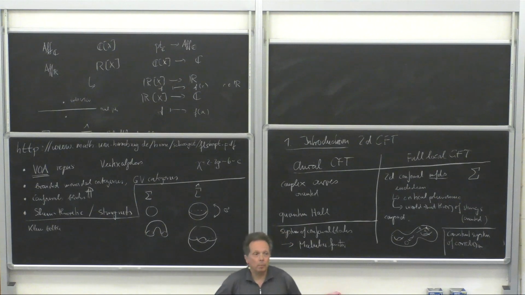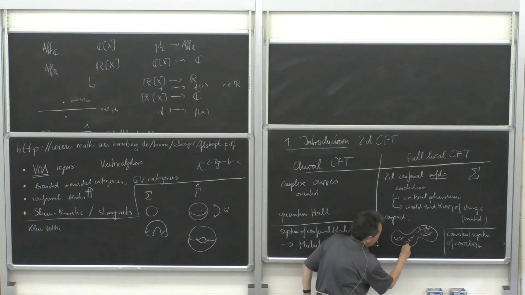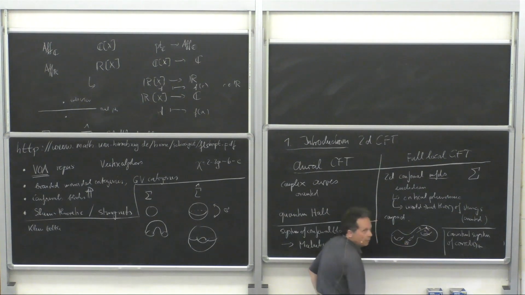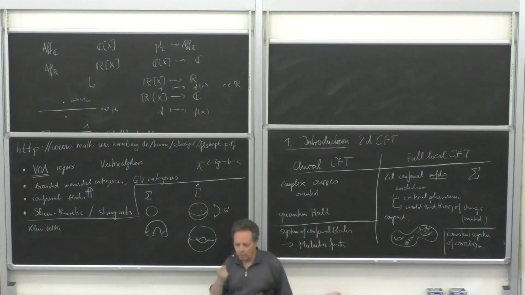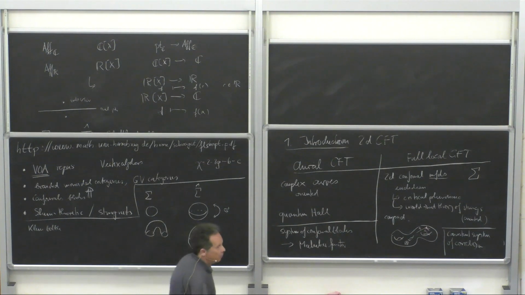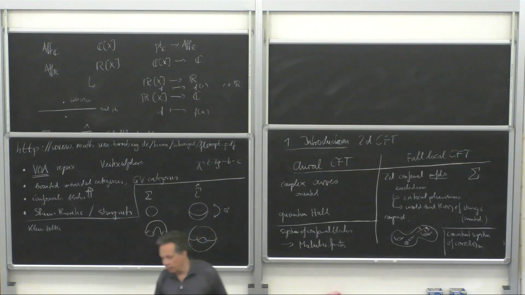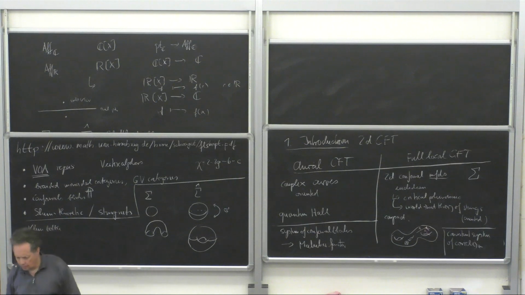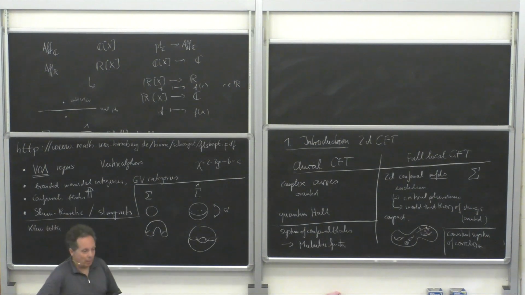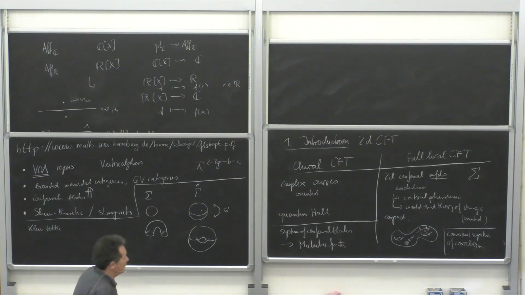How do I plug in a cross cap? I'm cutting out a disk and I'm identifying antipodal points. Then I've inserted here what people call a cross cap. You're familiar with this if you're constructing real projective space. Real projective space is the upper half disk with opposite equatorial points identified.